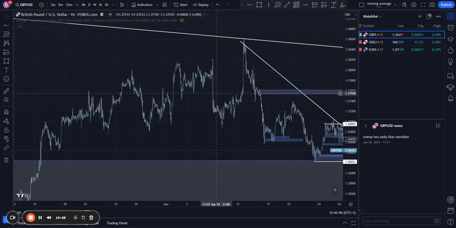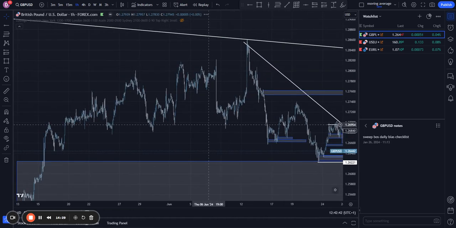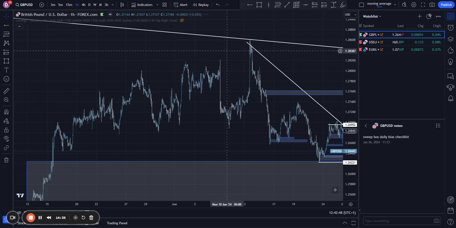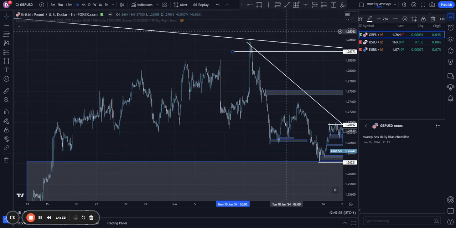I'll go over sweeps of liquidity and then I'm going to end this video off. The sweep of liquidity is basically where price purges liquidity and then drops to the opposite side. So right here is a perfect example.